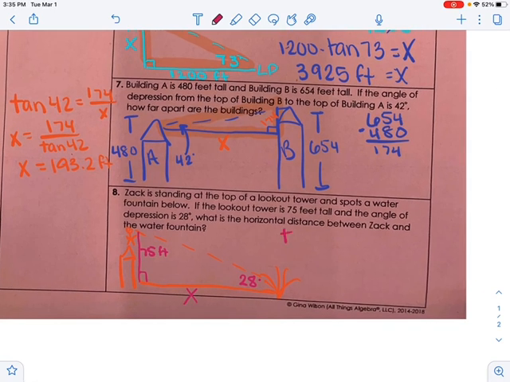So this would be tangent of 28 degrees is opposite over adjacent, so 75 over x. And switch x and the tangent function. Type that into the calculator. 75 divided by tangent 28 is 141.1 feet.